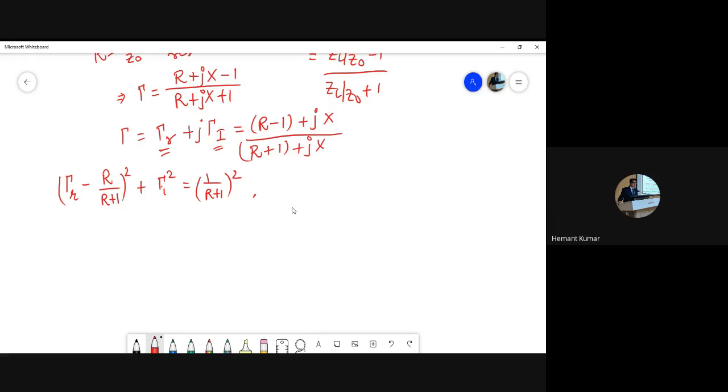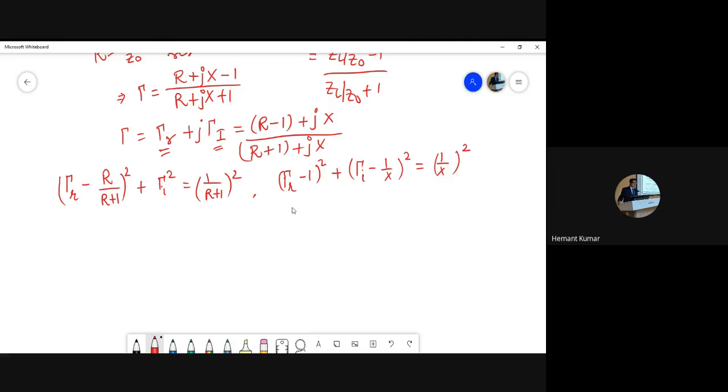And the second equation will be (gamma R minus 1) square plus (gamma I minus 1 upon x) whole square equal to (1 upon x) whole square, right? So there are two equations.